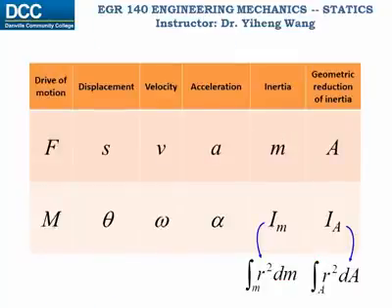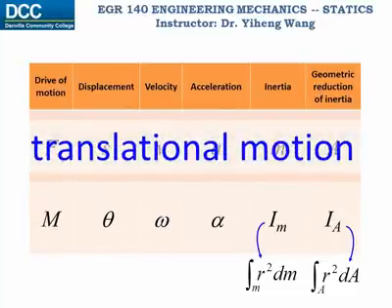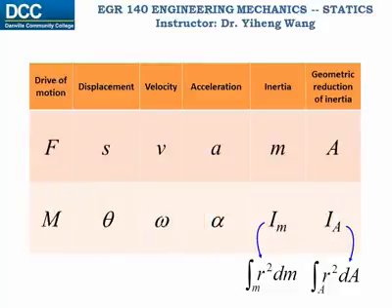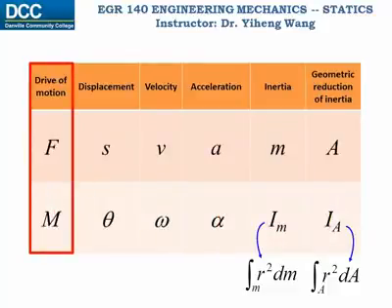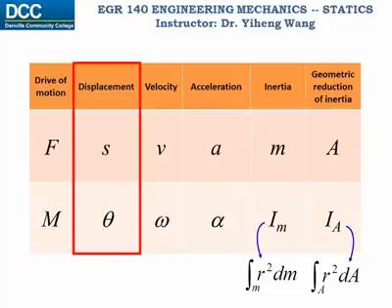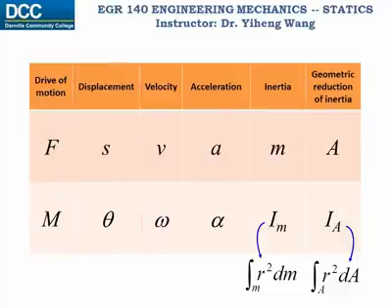I want to remind you that a lot of concepts are easier to understand if you consider them as counterparts. The first row of this table deals with translational motion, and the second row deals with rotational motion. For the driving force, we have force versus moment of the force. For displacement, we have linear displacement s versus angular displacement theta, which is an angle.